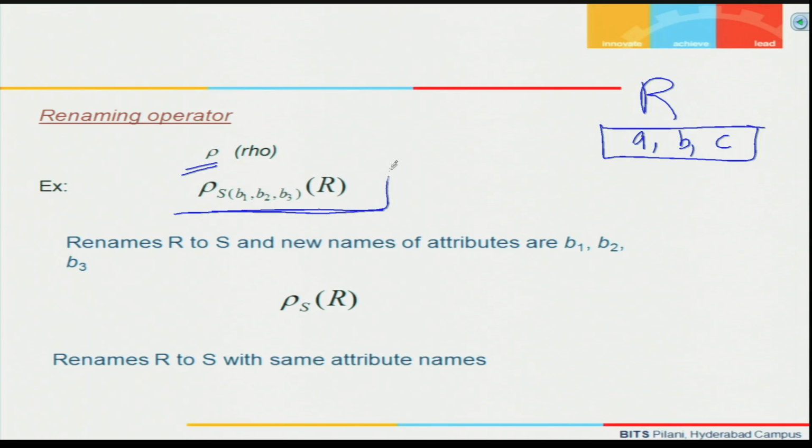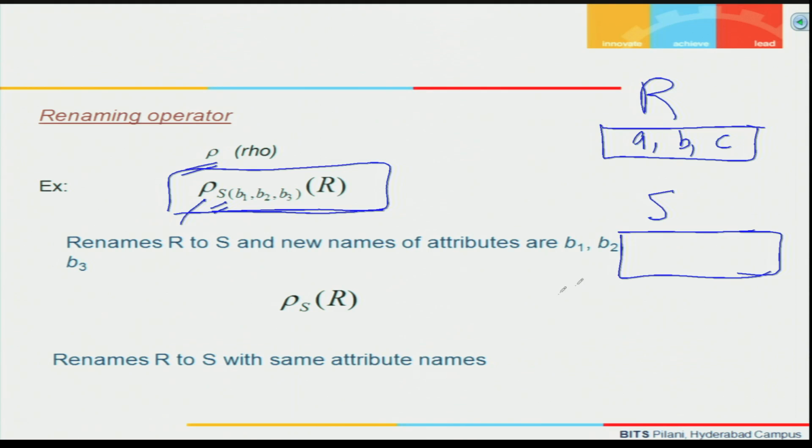The meaning of this expression is, since I am applying this renaming operator, R will be renamed to S, and the attribute names will also be changed, and the new attribute names are going to be B1, B2 and B3. So this is the renaming operator, and sometimes we can rename only the column names, or only the relation or table name, sometimes both.